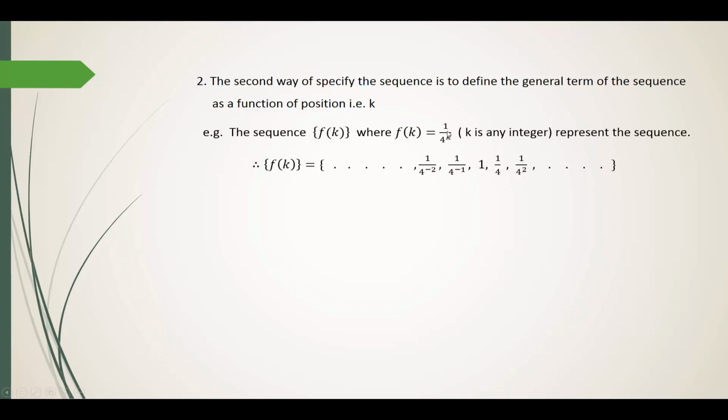Next term, put k equal to 2, so 1 upon 4 squared. For the previous term, put k equal to -1, so 1 upon 4 to the power -1, and for k equal to -2, 1 upon 4 to the power -2, and so on. Here f(0) is 1, f(1) is 1 by 4, f(2) is 1 upon 4 squared, and so on.